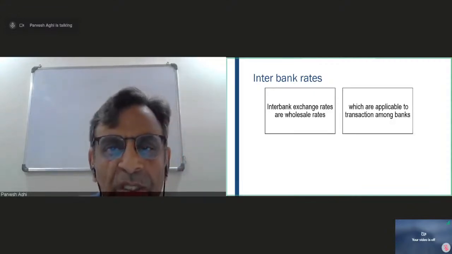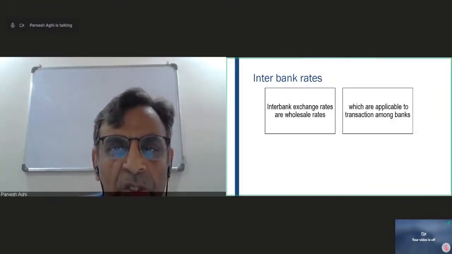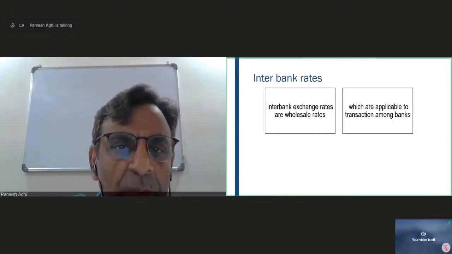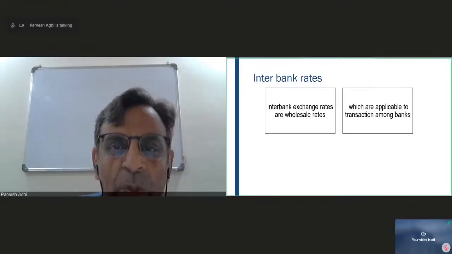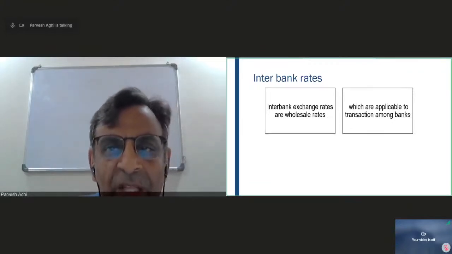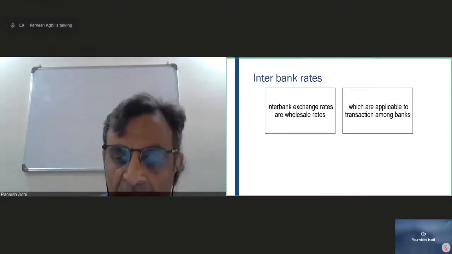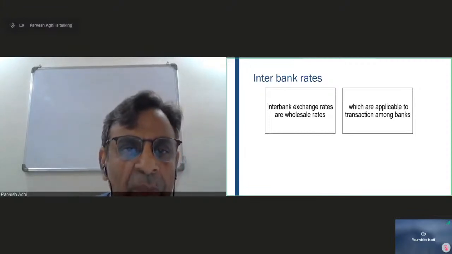These are applicable to transactions among the banks. So interbank exchange rates are wholesale rates which are applicable only to the banks themselves. Whenever they trade, they use these interbank rates.